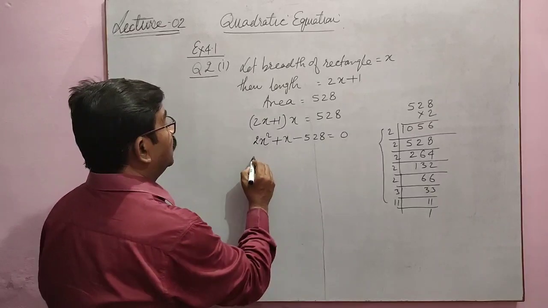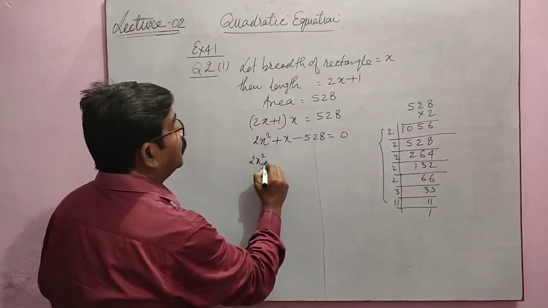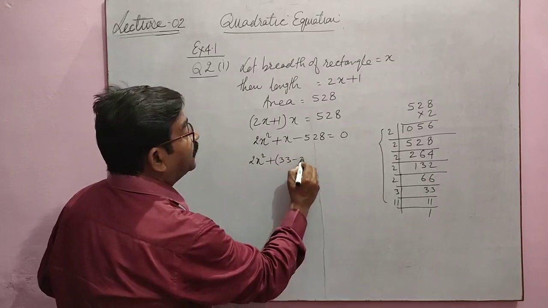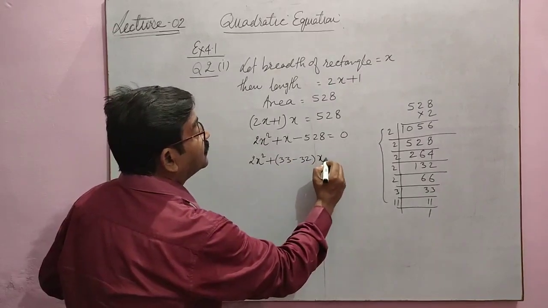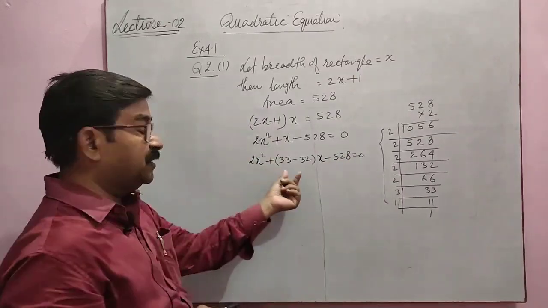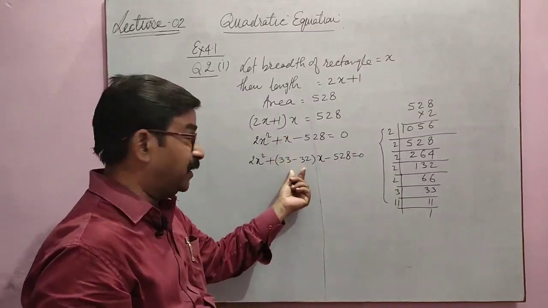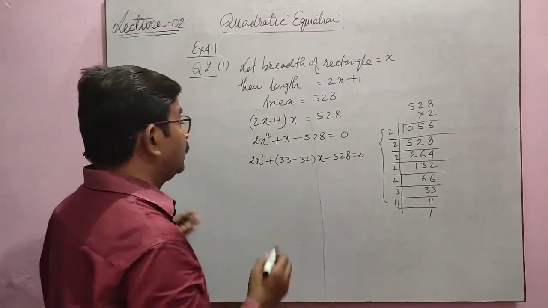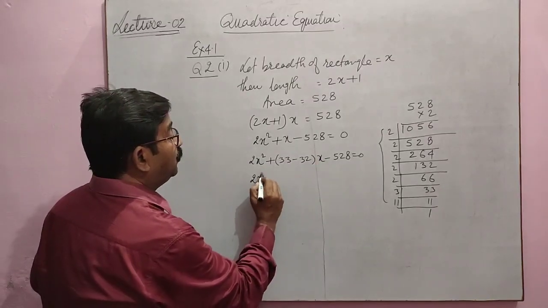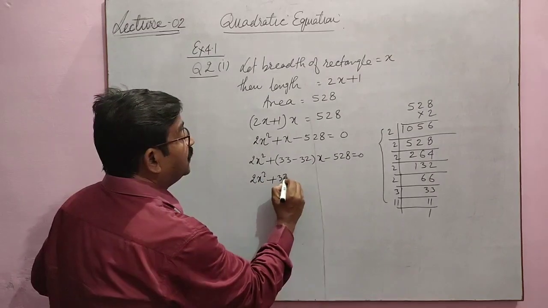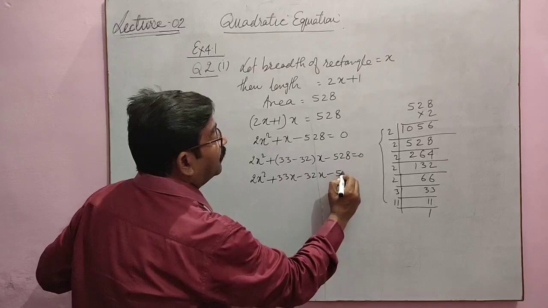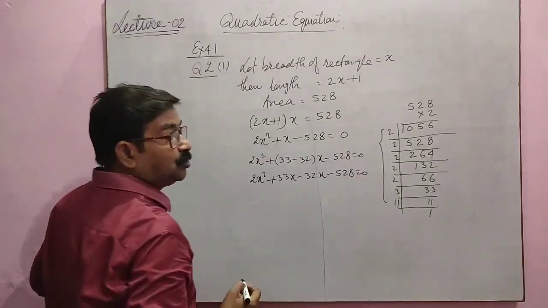So this is 2x square plus (33 minus 32) times x minus 528 is equal to 0. This is splitting the middle term. Now open the bracket and multiply x inside. We have 2x square plus 33x minus 32x minus 528 is equal to 0.